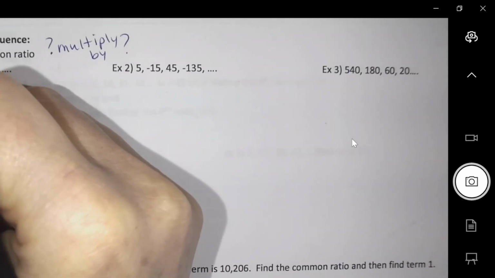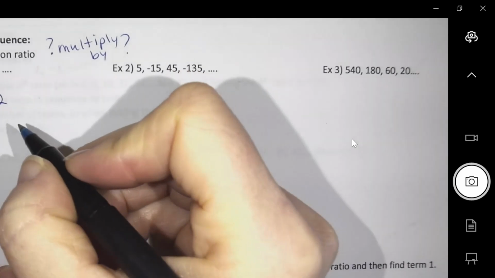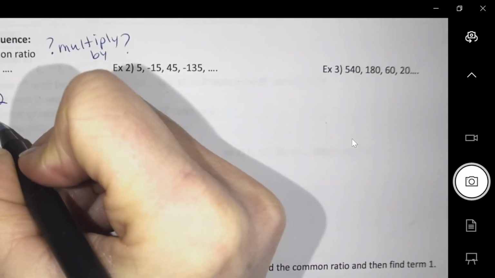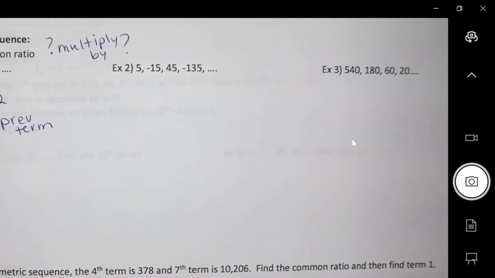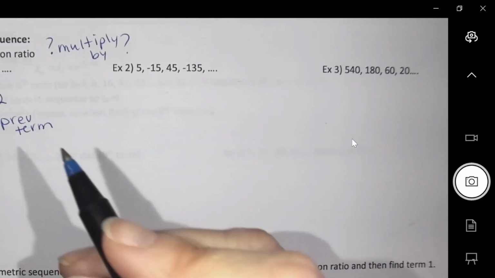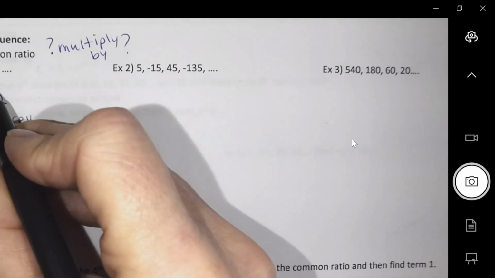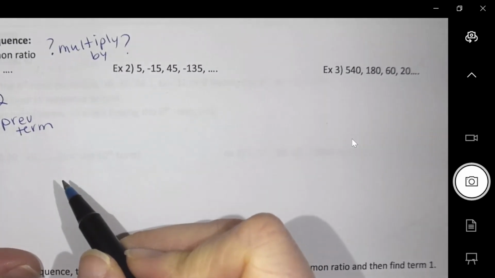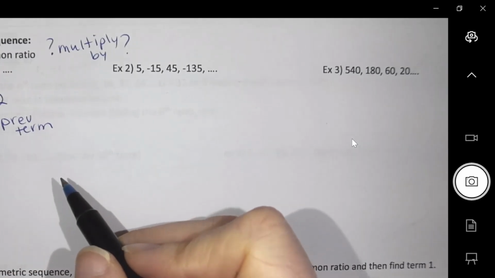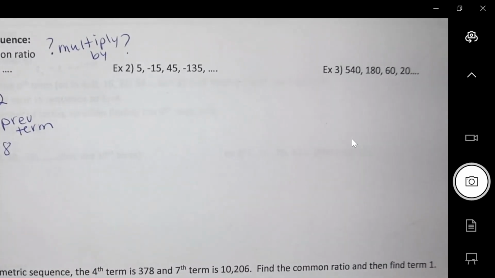I would take a term and divide by a previous term. So let's just pick. I could take the term 16 and divide it by the one in front of it. 16 divided by 8 is 2. Why did I write down 4?